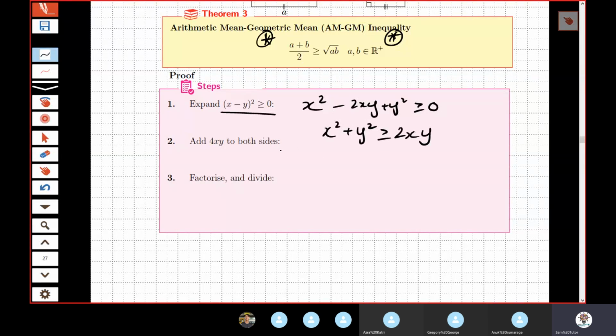Now you can see if I let x squared equal a, and let y squared equal b, what would you end up with? You'll end up with a plus b is greater than or equal to, well, that's xy, so 2 root a b. And then if I divide by 2, I end up with this result.